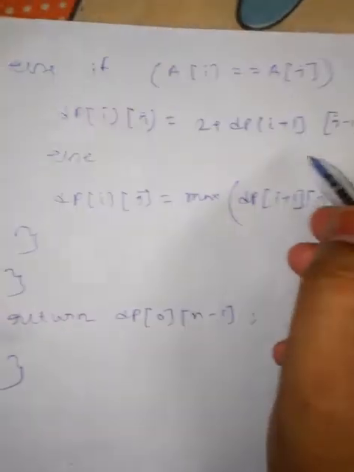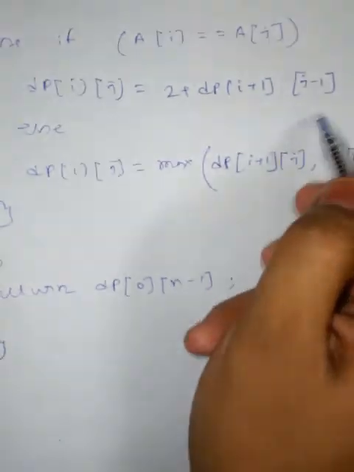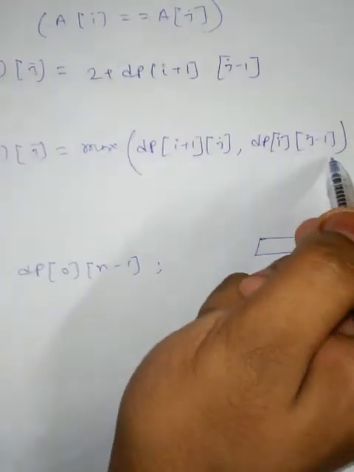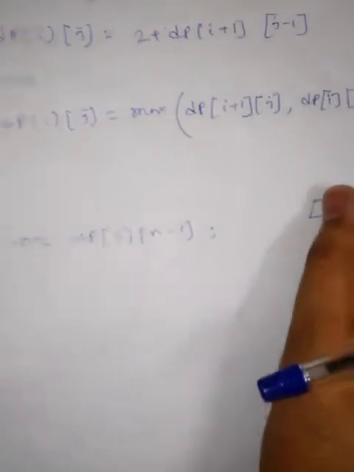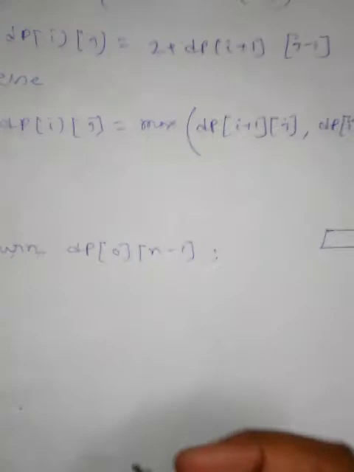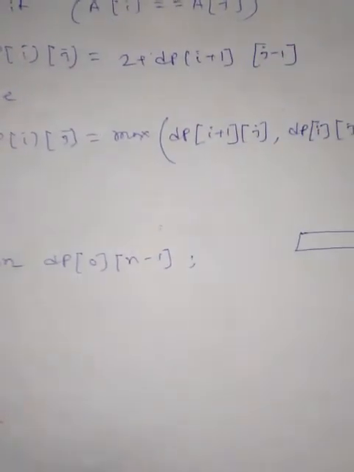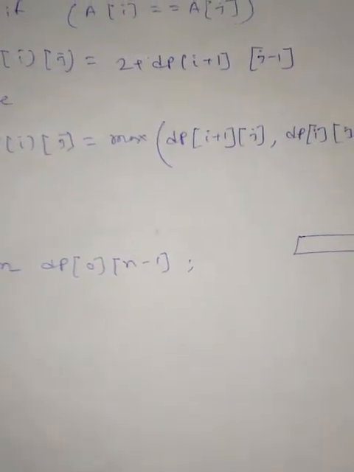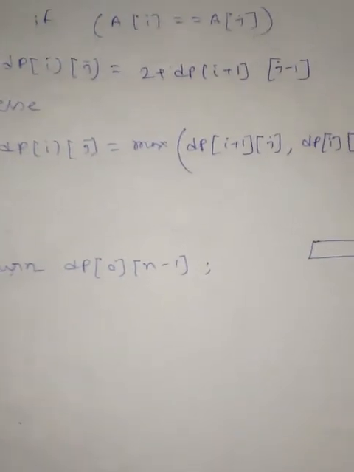Then the recursive condition here: if a[i] is equal to a[j], dp[i][j] is equal to 2 plus dp[i+1][j-1], else dp[i][j] is the max of dp[i+1][j] and dp[i][j-1]. Then the dp table is filled up and we have to return the first row's last value, that is dp[0][n-1], because we have to find the maximum length of a palindromic substring in that string.